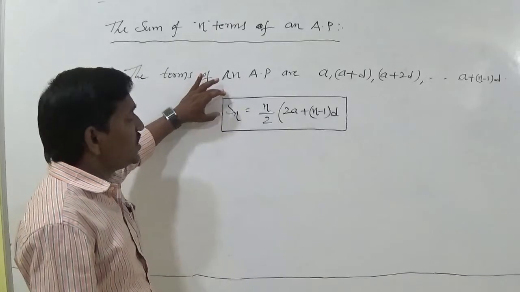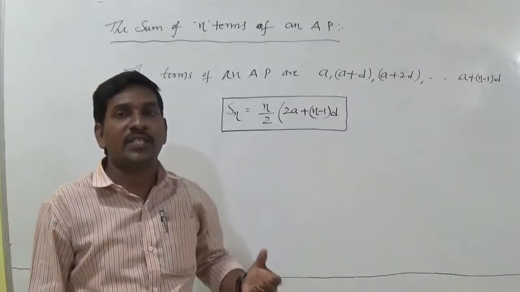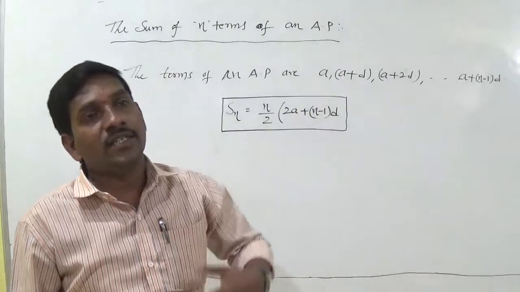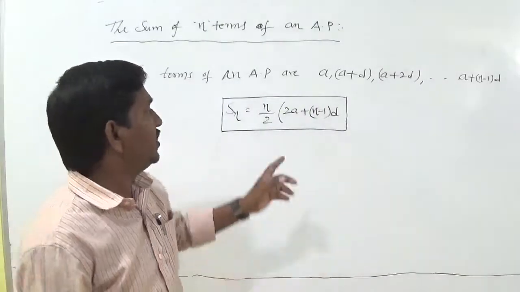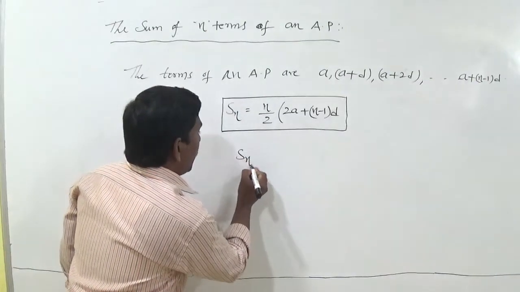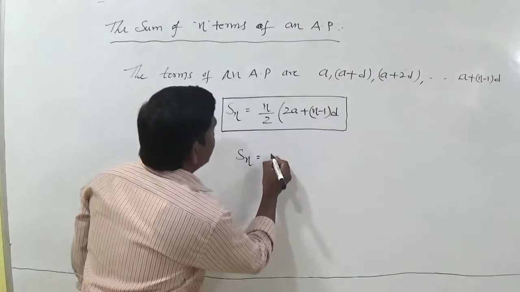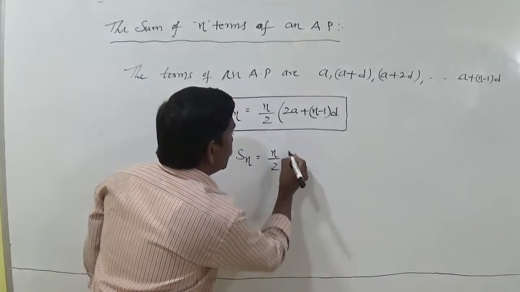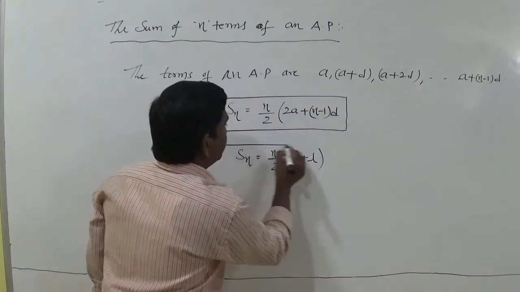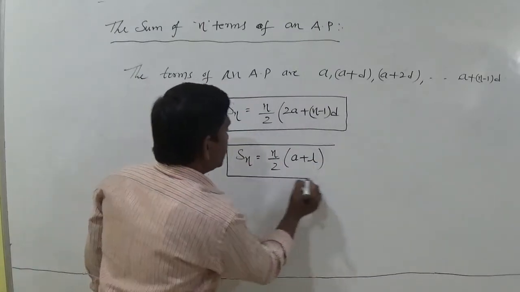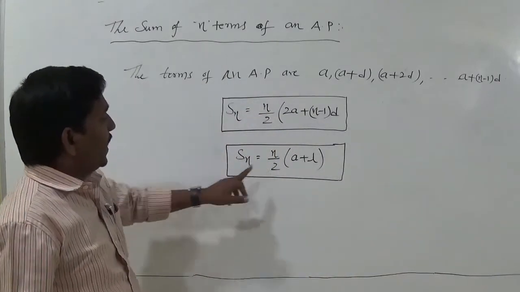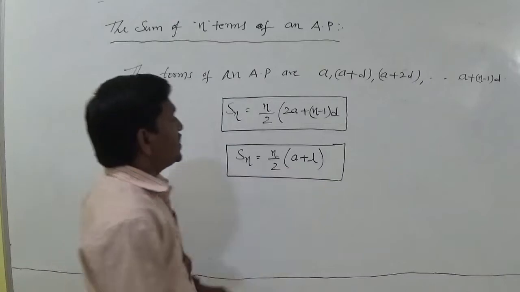By using this formula we can find the sum of n terms, even more than 100, more than 1000, and with negative terms also. You can easily calculate. And another formula for the sum of n terms: Sn equal to n by 2 into (a plus l).